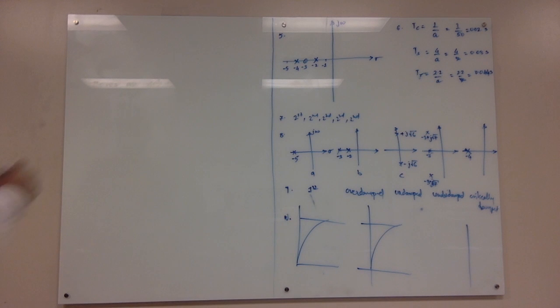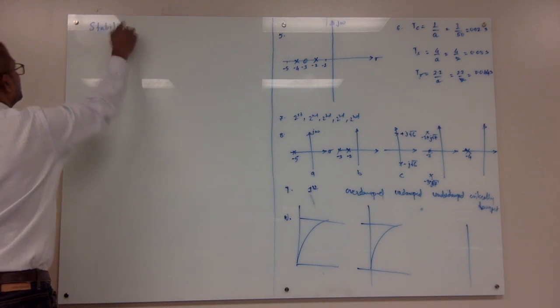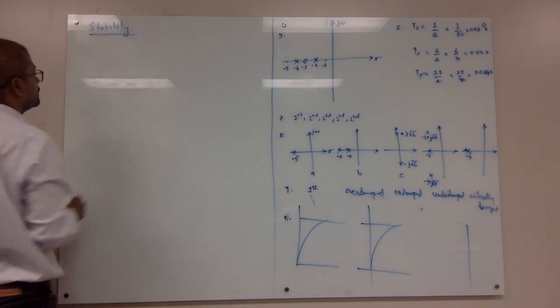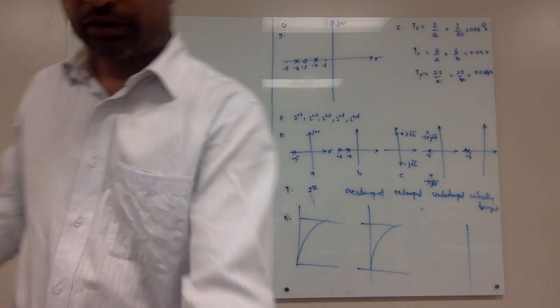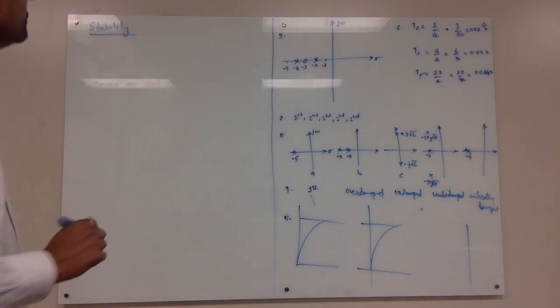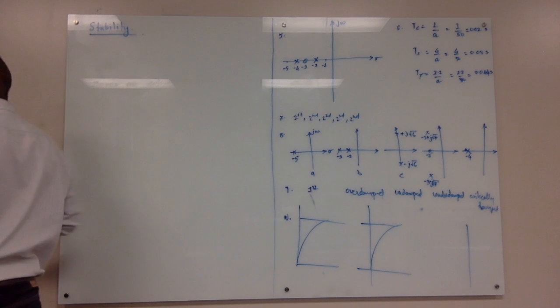All right. So I'm going to quickly cover stability. We have already talked about this. I'm not going to expect you to understand everything. So, how do you define stability?